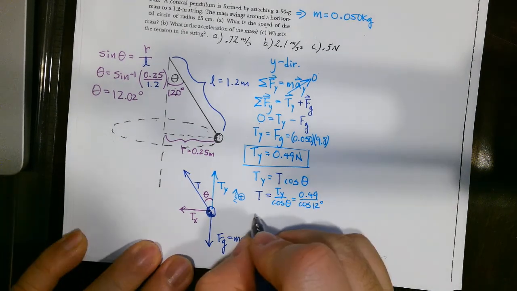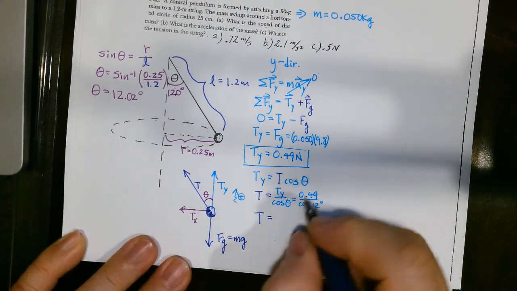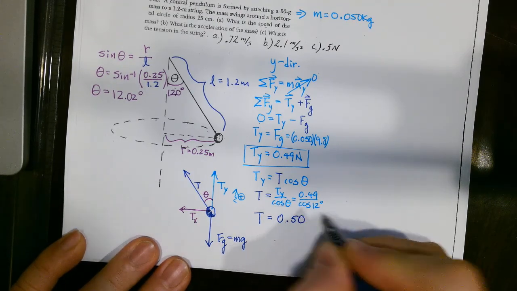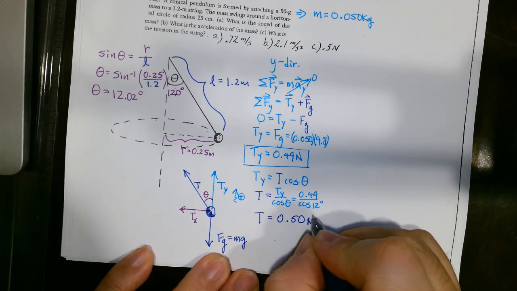So if you work it out, the tension is equal to 0.50 newtons.